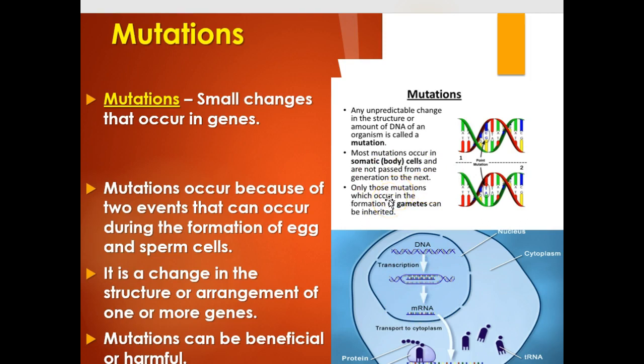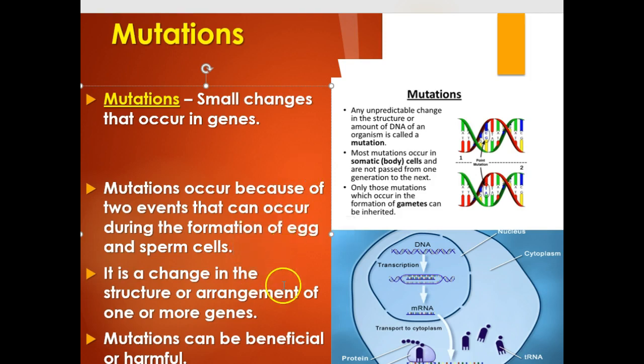Only those mutations or small changes which occur in the formation of gametes can be inherited, during the process of meiosis and fertilization. Recall, the mutations occur because of two events that can occur during the formation of egg and sperm cells.